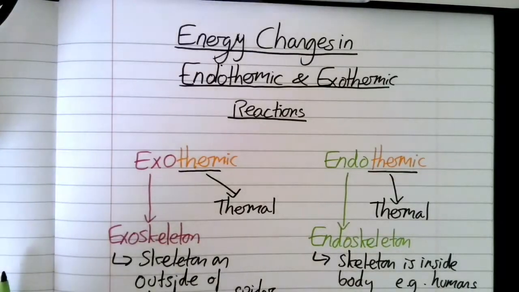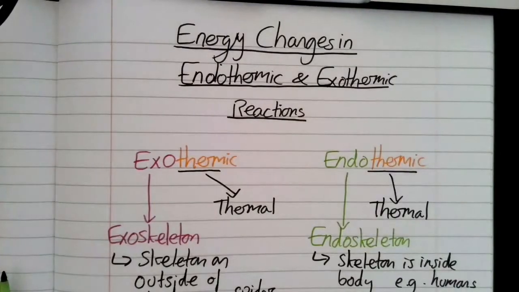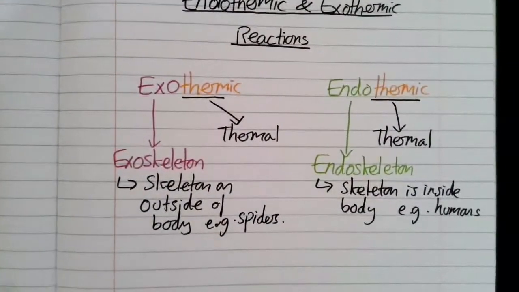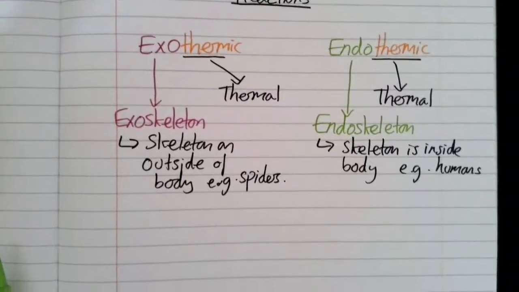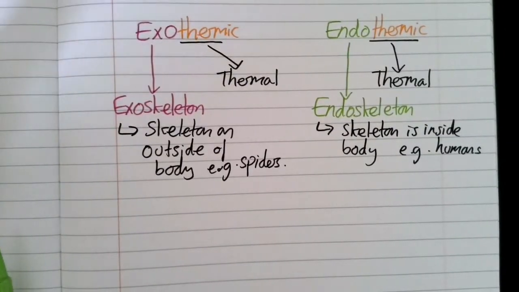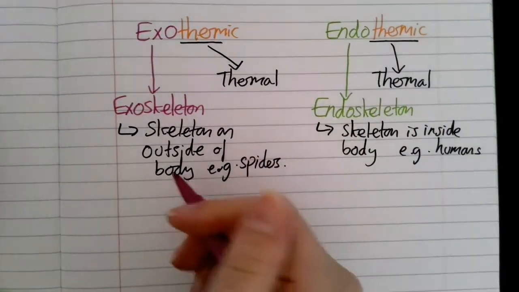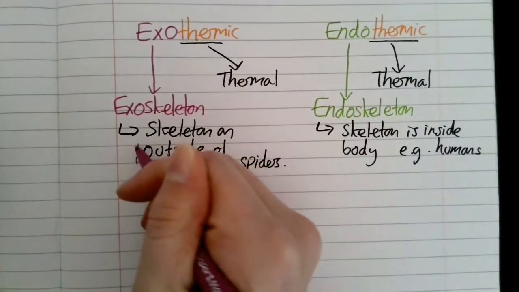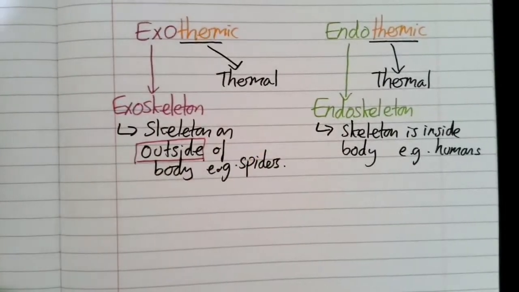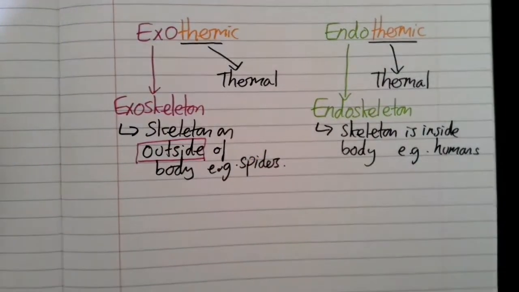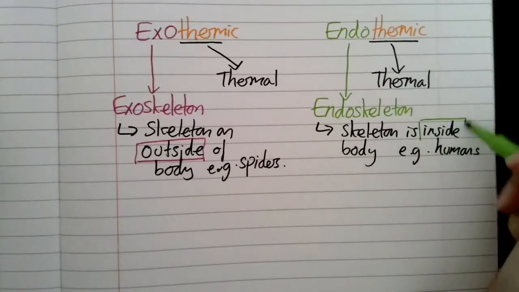So with that knowledge, we can then consider what these prefixes exo and endo actually mean. So exo is to do with this outside, whereas endo is to do with being inside.